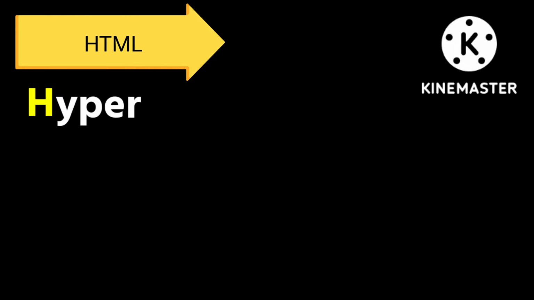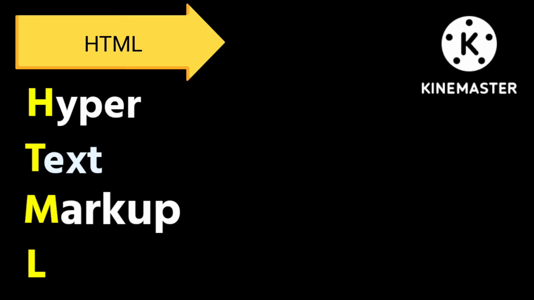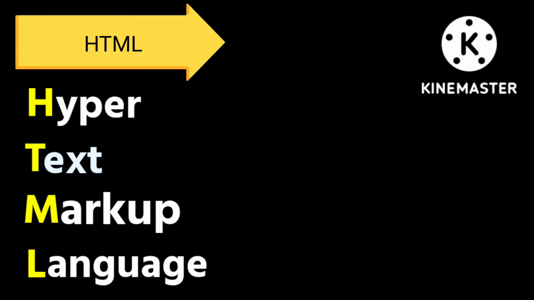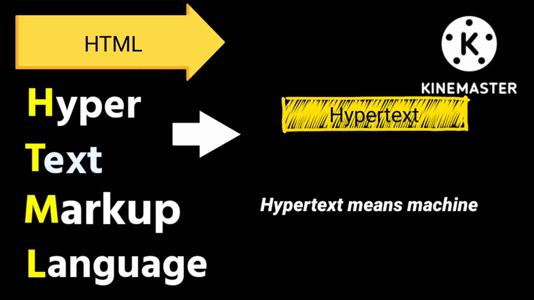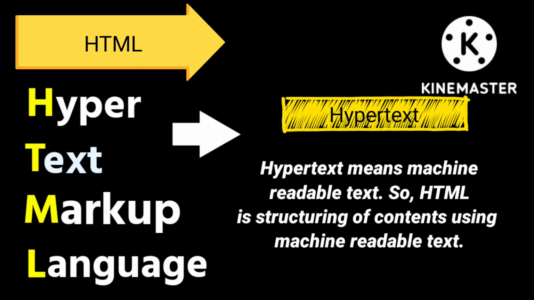So let's start with HTML. The full form of HTML is H as hyper, T as text, M as markup, L as language. So now what is hypertext? Hypertext is nothing but machine readable text.